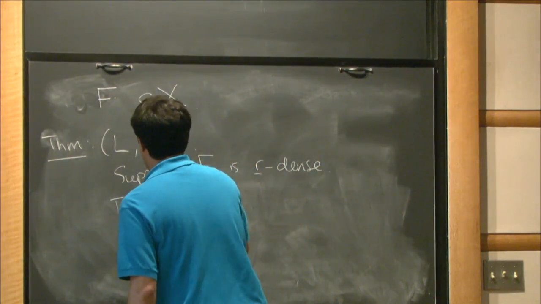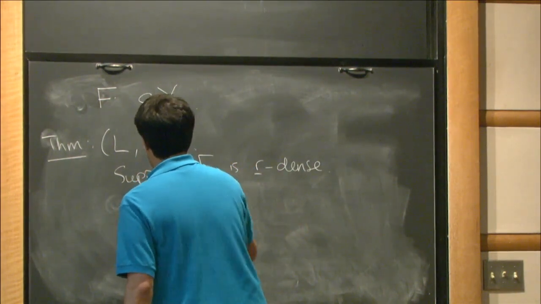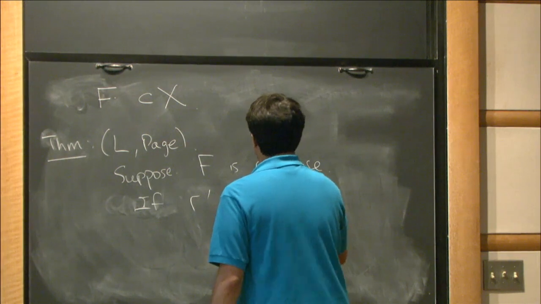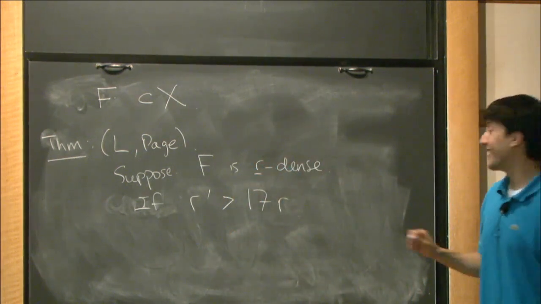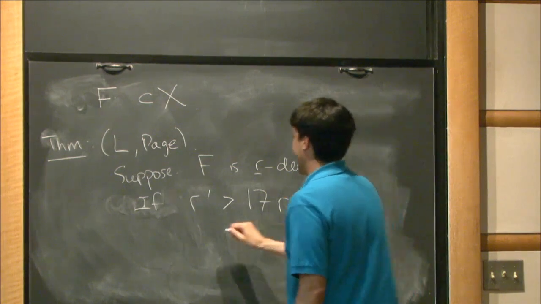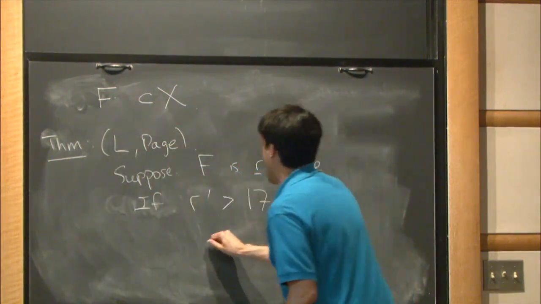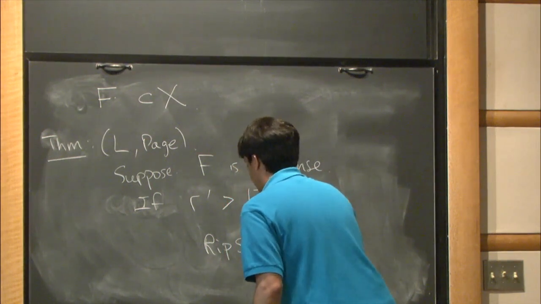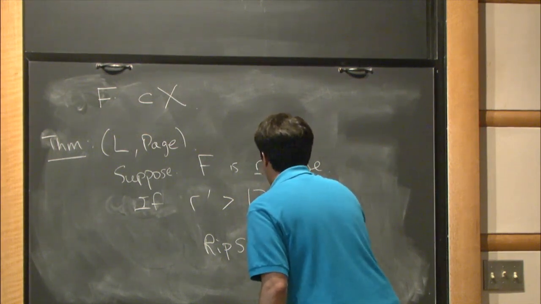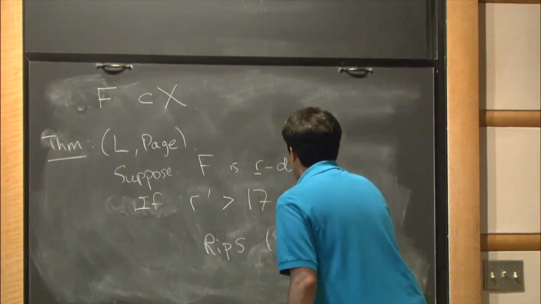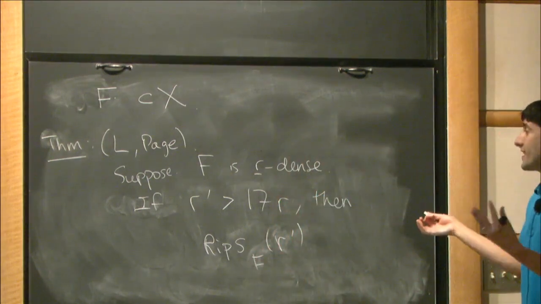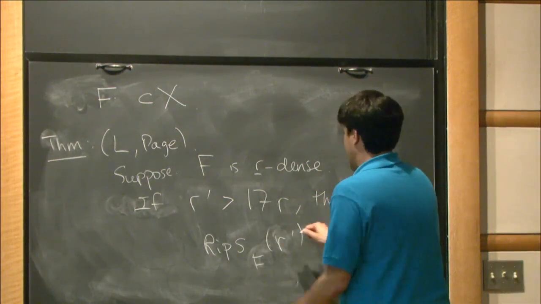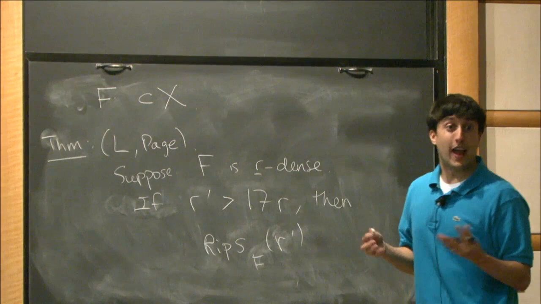Then if R prime is greater than something like 17 times R, then the Rips complex of radius R prime of this not finite subset, this grid inside of X, has the same topology as X. It should be contractible, right?